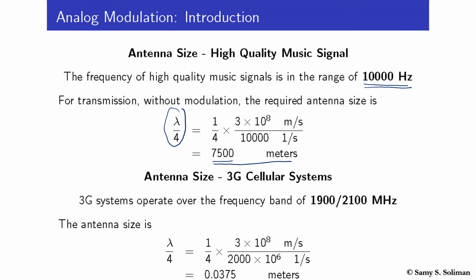However, if we do modulation, if we use a communication system in which the transmitter processes the information by modulation, by frequency translation first, such as in cellular systems, in mobile communication systems, the information signal is transmitted using a carrier whose frequency is in that range, 1.9 or 2.1 gigahertz.